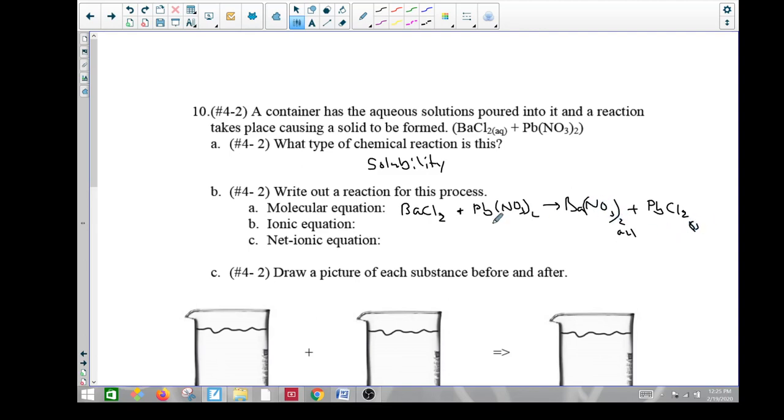This guy here, barium chloride, is somewhat soluble at different temperatures, so this ends up working out nicely, depending on temperature. But so what do we got here?